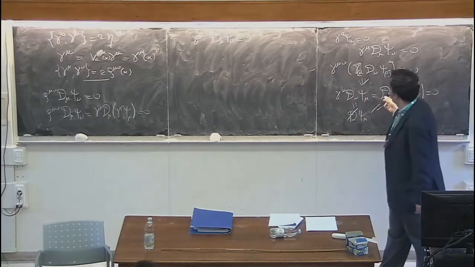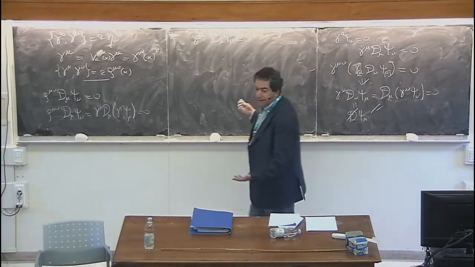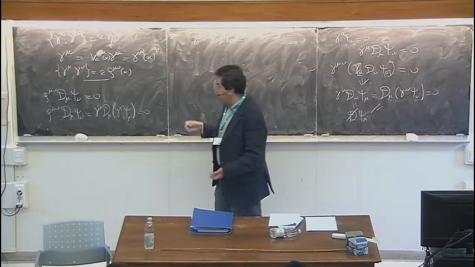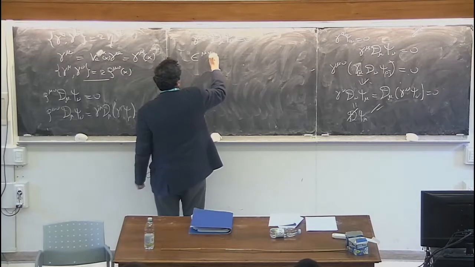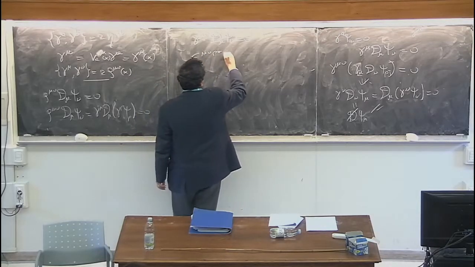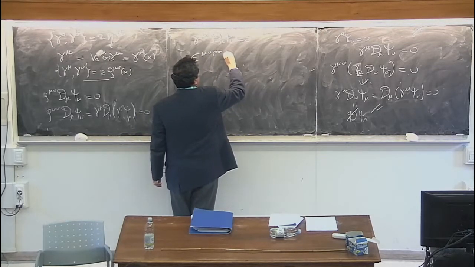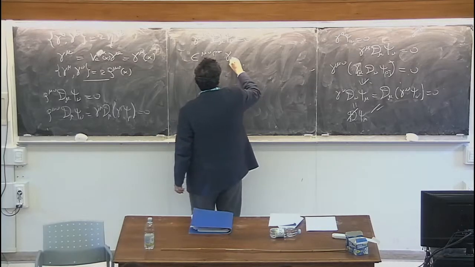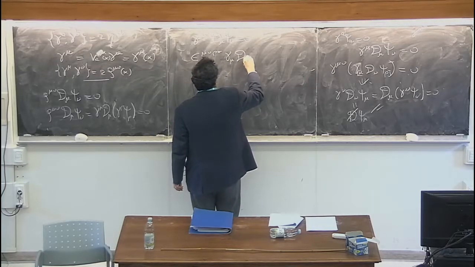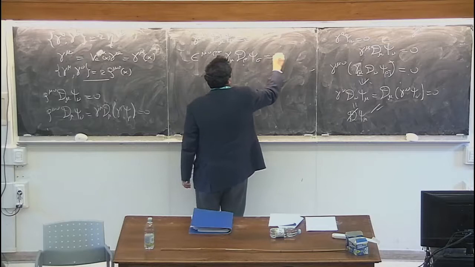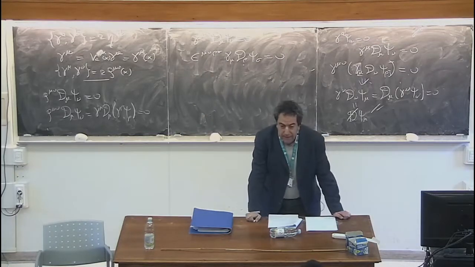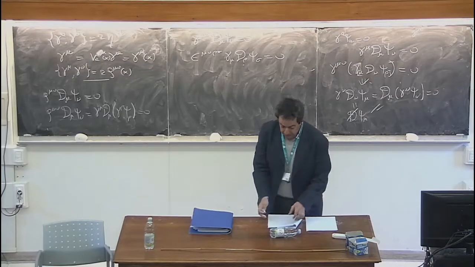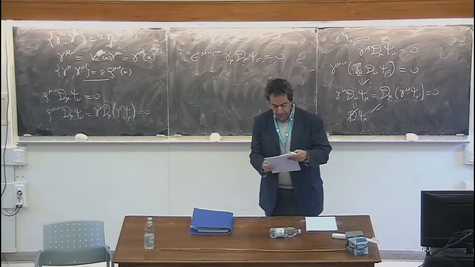Can we deduce this equation, the Rarita-Schwinger equation in curved space that we have written just now? Gamma mu nu rho D nu psi rho equals 0. Can we derive it from an action? Yes, we can. Let's write the action.